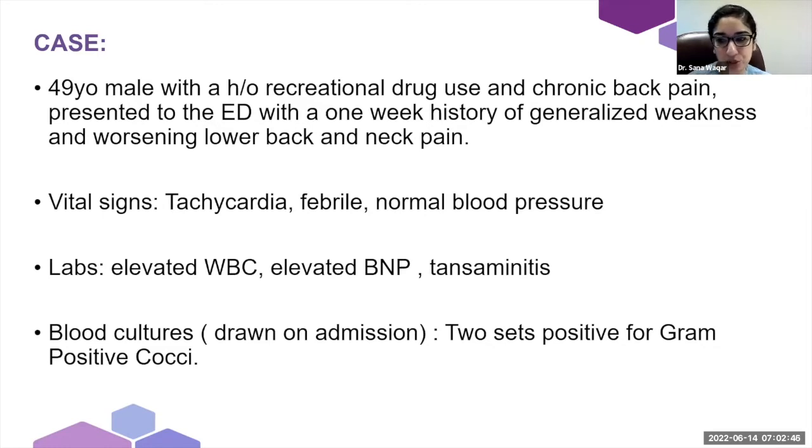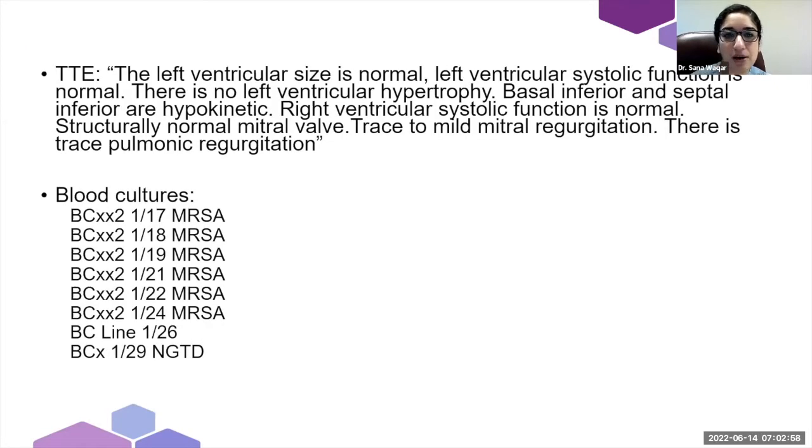He had blood cultures drawn on admission, 2 sets, and obviously we did not have this information at that point, but within 24 hours, both sets were flagged positive with gram-positive cocci. So next step, because of his history of injection drug use and because of his bacteremia, the workup proceeded with a TTE, a transthoracic echocardiogram, that showed left ventricle size was normal, left ventricle systolic function was normal.